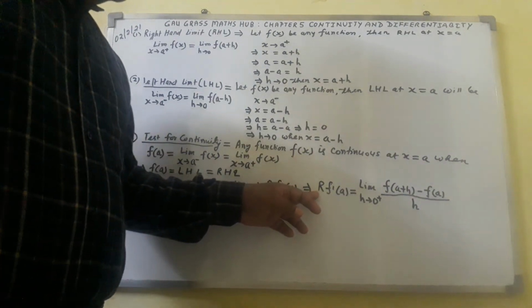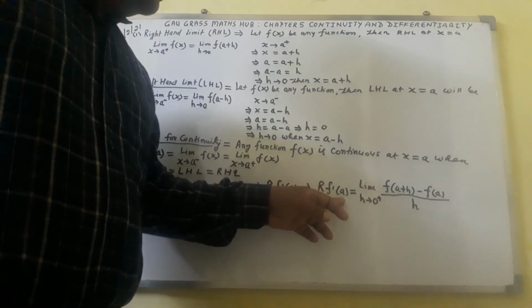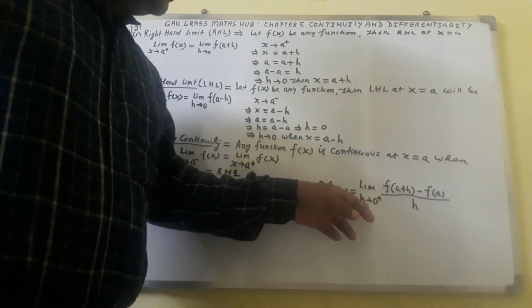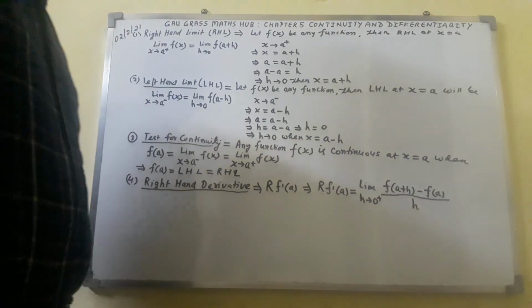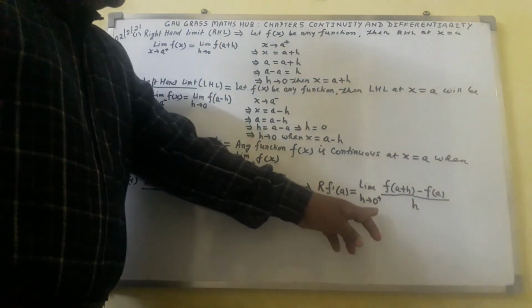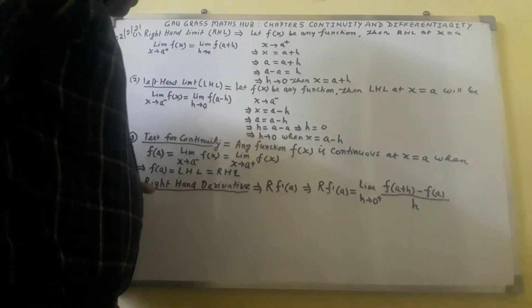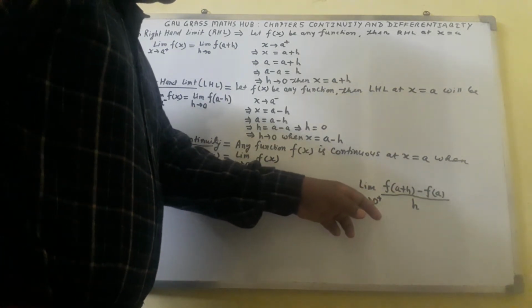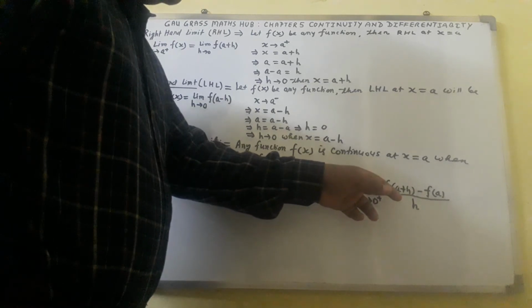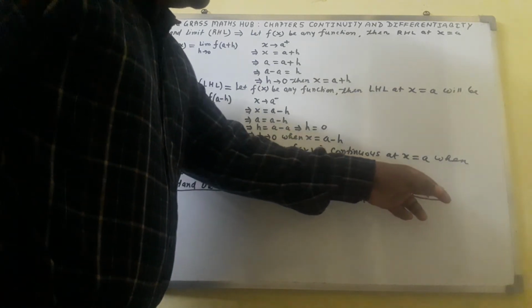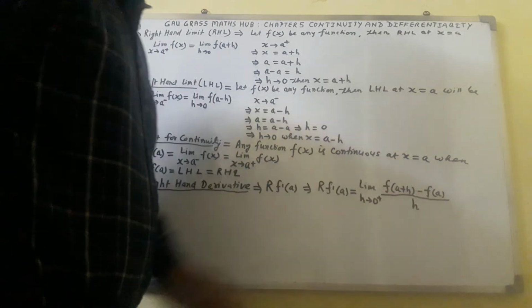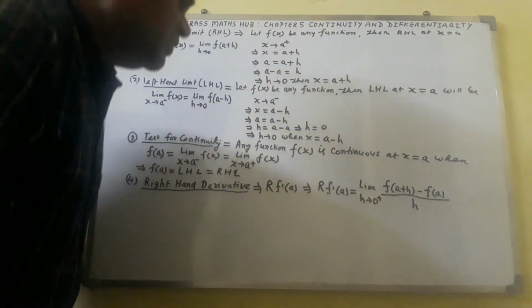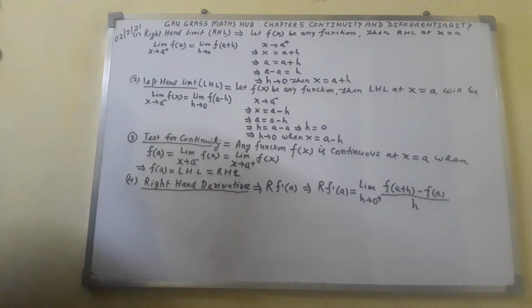R f dash a equals lim h tends 0 positive. Right hand derivative equals lim h tends 0 positive, f of a plus h minus f of a whole over h. Right hand derivative can be represented like this.